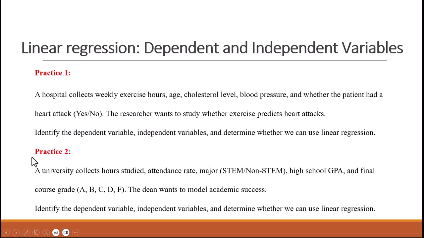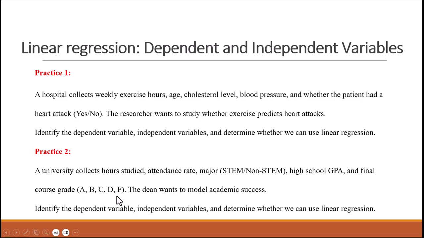Now, if we want to come to practice 2, consider that a university collects hours studied, attendance rate, major, high school GPA, and final course grade. The dean wants to model academic success. Which of these variables can show the academic success? Only the course grade.